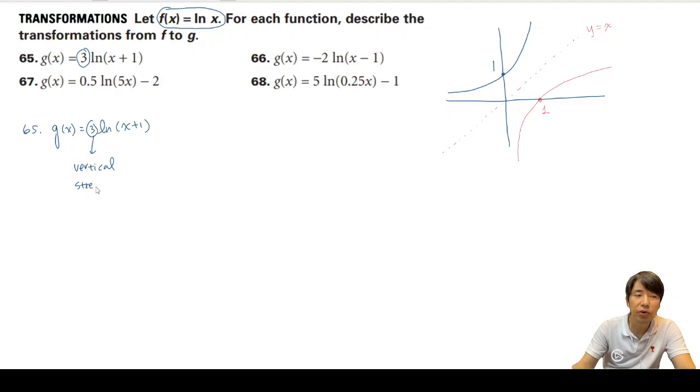That's greater than 1, right? By a factor of 3. And this number right there, that's x plus 1. Plus or minus represents shift, okay? So x plus 1 means shift left by 1.